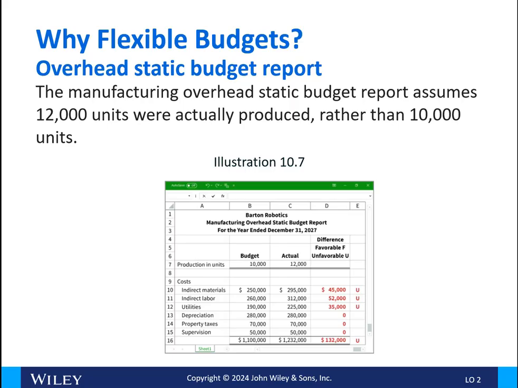So we have unfavorable variances in our variable costs, which makes sense because it's a variable cost, so it's going to increase with an increase in activity. So as we increase that activity, the cost will increase. So it looks like we didn't do very well because we are unfavorable.